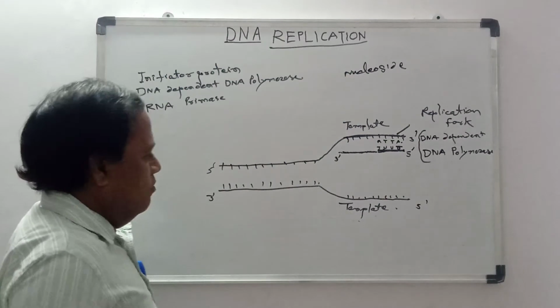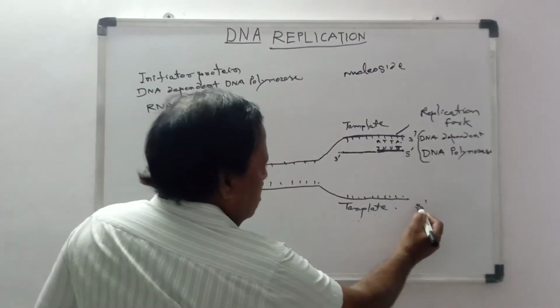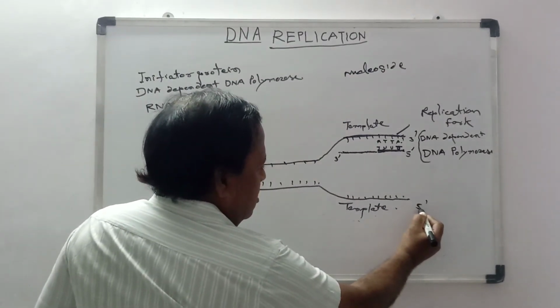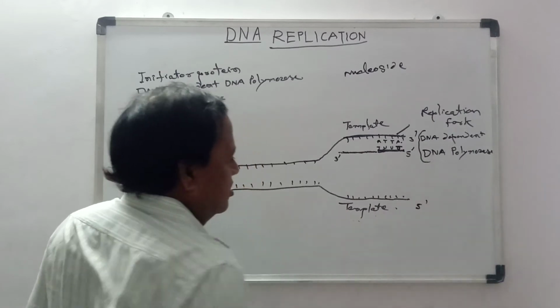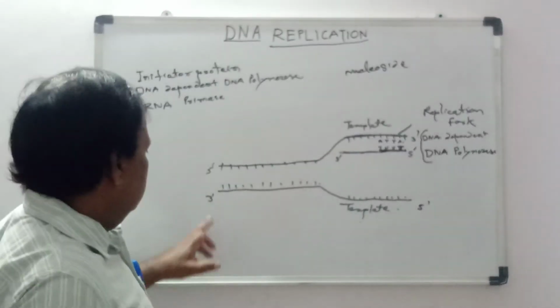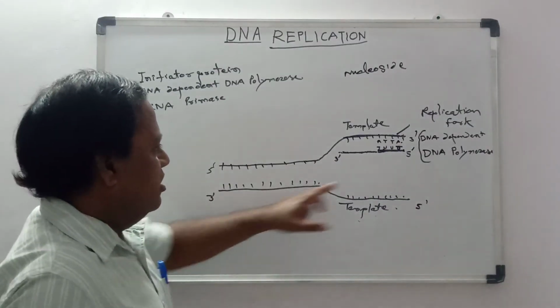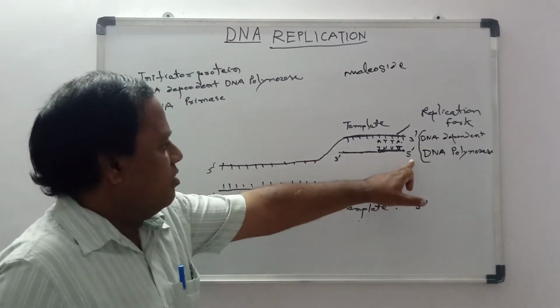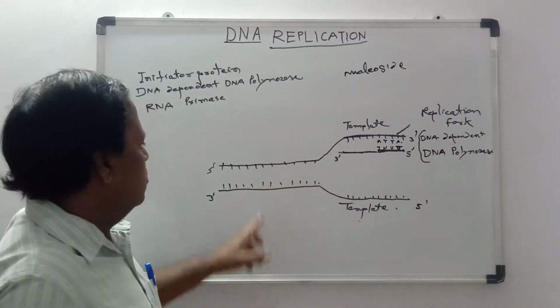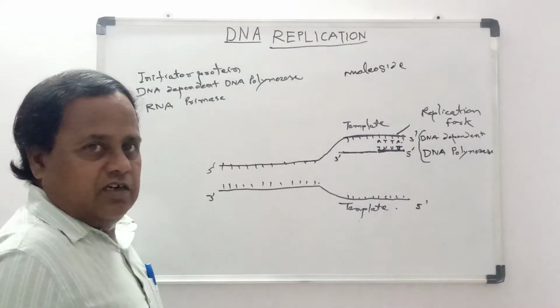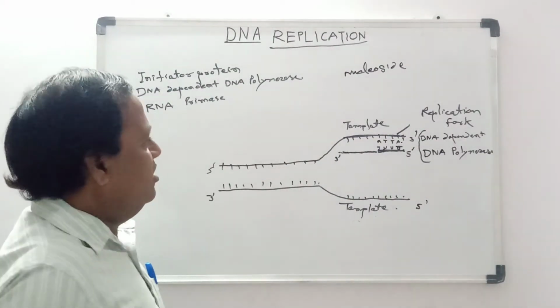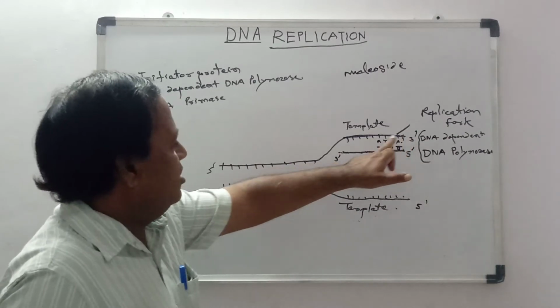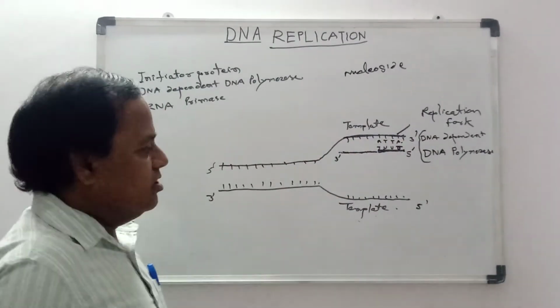Okay. Now let us see about this strand. This is the 5' end and this is the 3' end. Now DNA dependent DNA polymerase polymerizes from 5' end to 3' end, but it reads the strand from 3' end to 5' end.